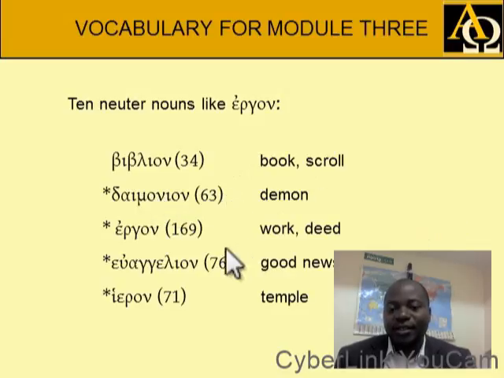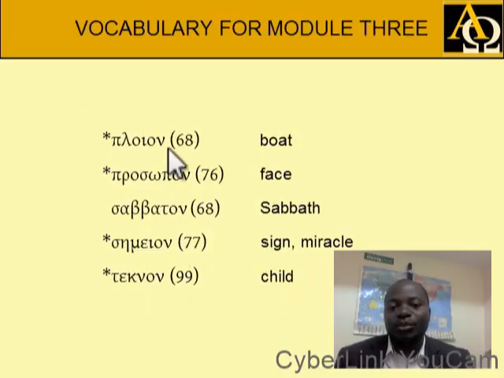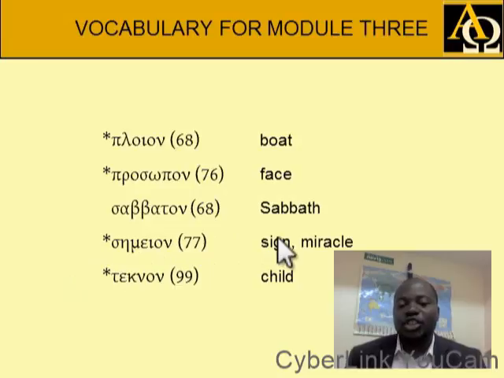Daimonion, demon. Ergon, work, deed. Evangelion, good news. Hieron, temple. Ploion, boat. Prosopon, face. Sabaton, Sabbath. Semeion, sign, miracle. Technon, child.